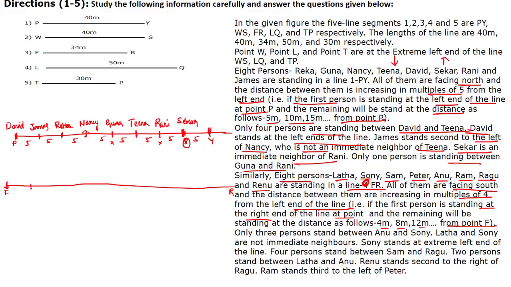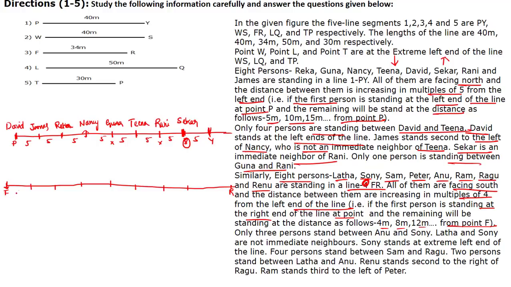So 1, 2, 3. From F to here it is 4 meters. From F to here it is 8 meters. From F to here it is 12 meters, and so on. So 1, 2, 3, 4, 5, 6, 7 and 8. The distance from here to here would be the remaining difference.